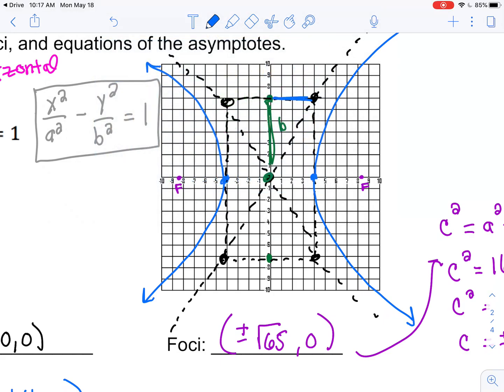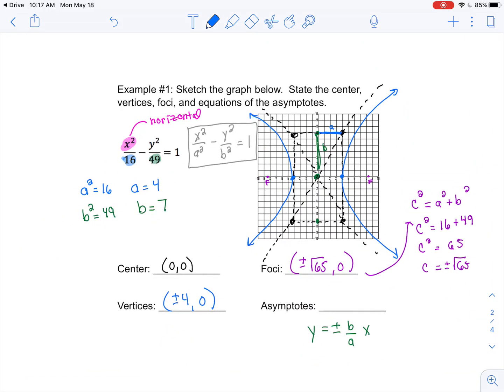This distance here is my a. So it's like saying rise over run, which is b over a. That's for my positive, and for my negative, it's going to be the negative b over a. So I'm going to have y is equal to plus or minus, my b is 7, my a is 4, plus or minus 7 over 4 x is the equation of my asymptotes.